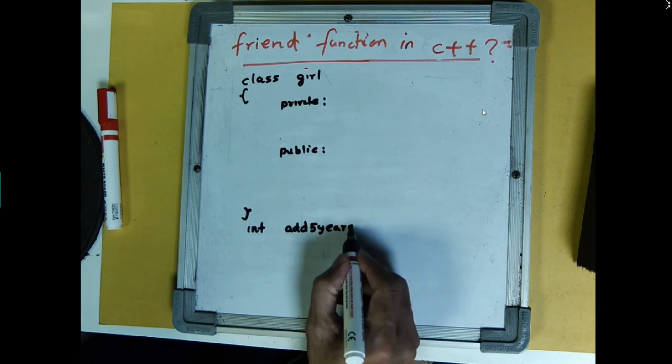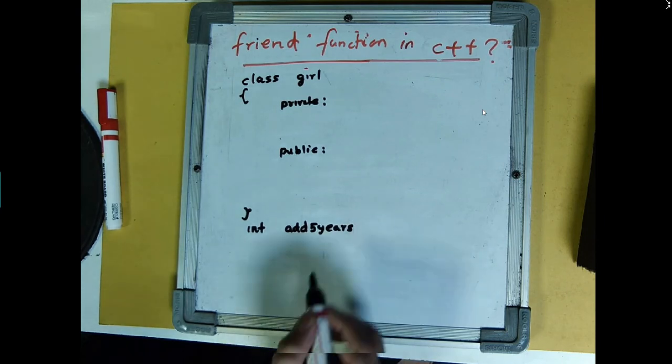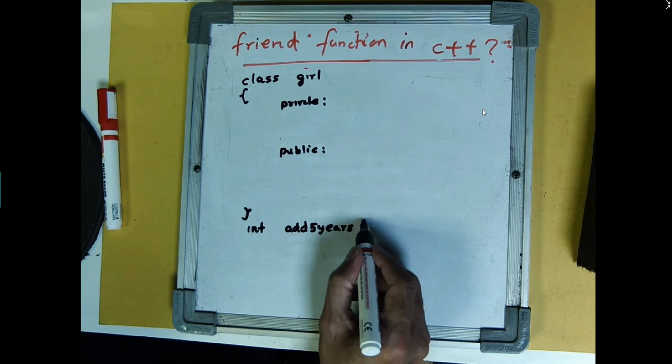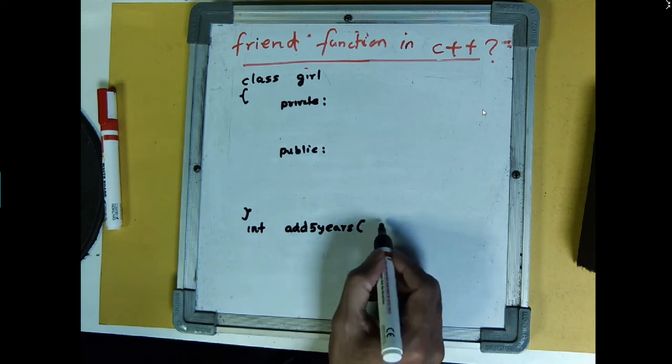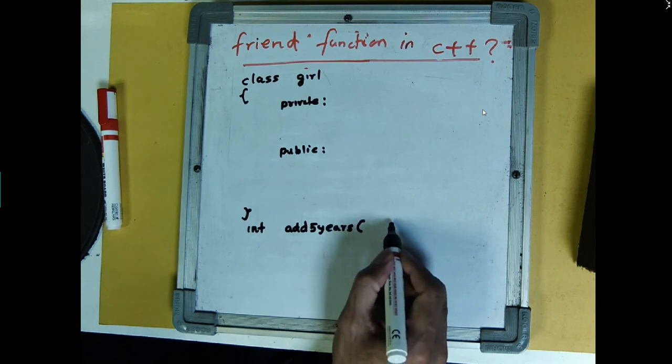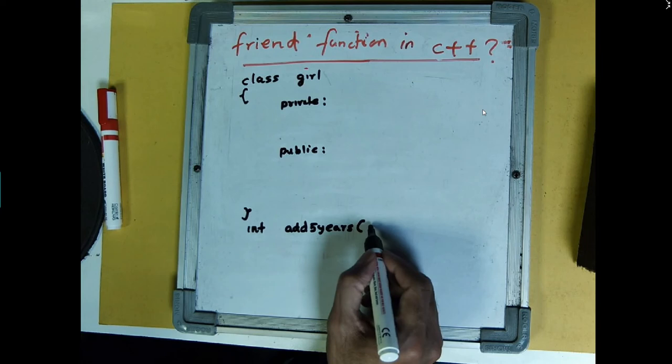The add 5 years function is also created as a global function to this.